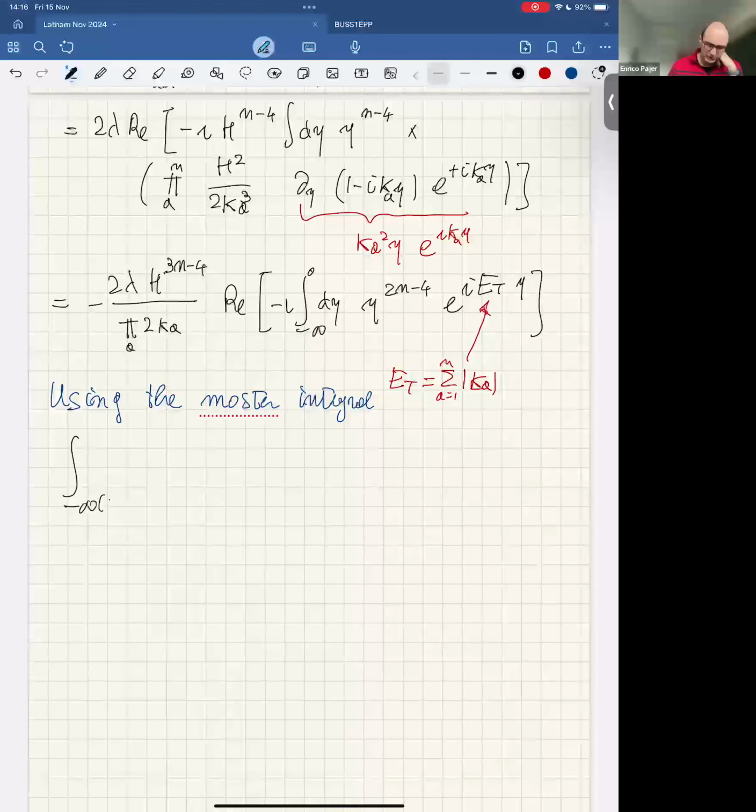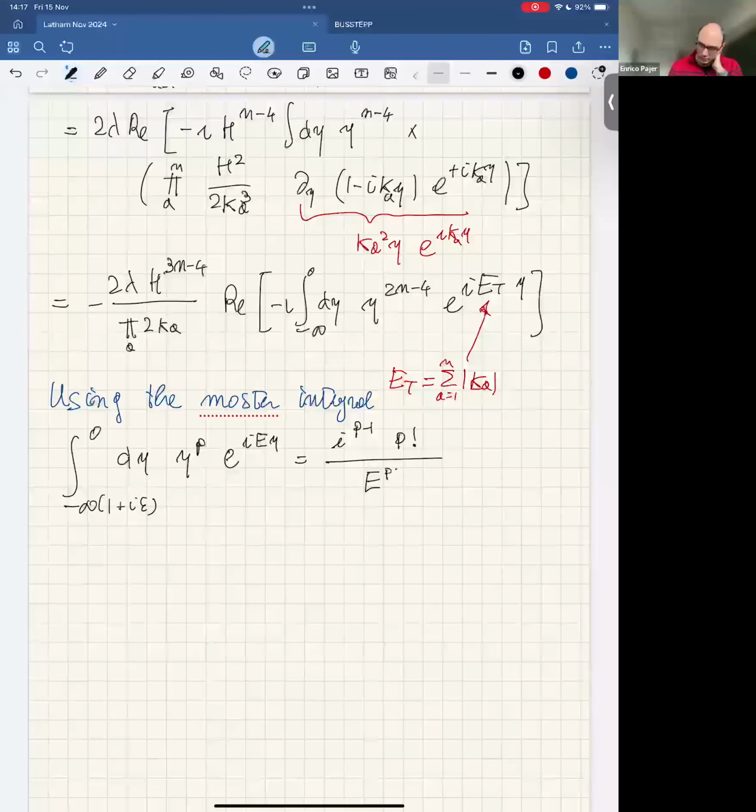So the master integral is the integral from minus infinity. I already applied this iε prescription that allows me to drop the boundary condition. So for any η to the p, e to the i E η, the result of the integral is i to the p minus 1, p factorial divided by E to the p plus 1, for every p bigger or equal to 0.